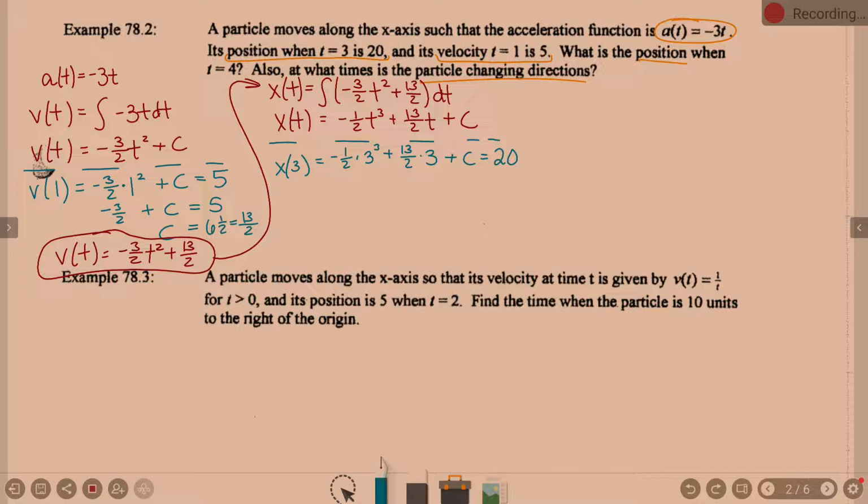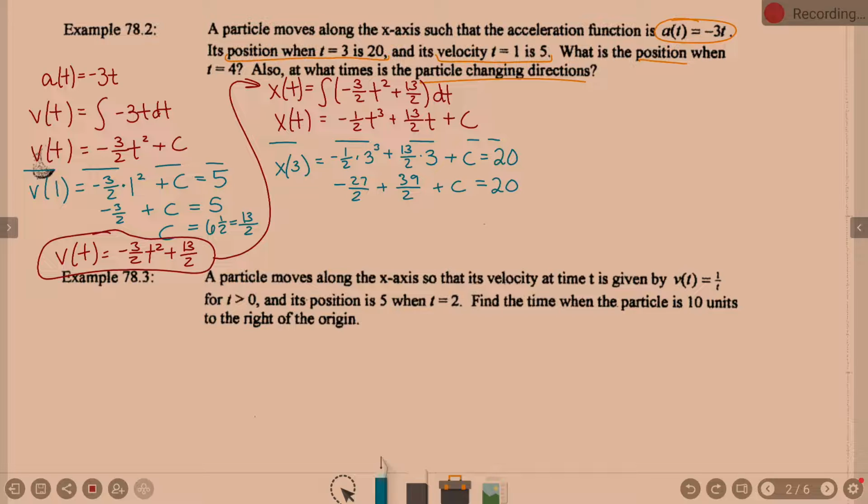Okay, well, 3 cubed is 27. Negative 1/2 times 27, I'm going to say negative 27/2. 13/2 times 3 is 39/2. Plus c equals 20. And that must be where Ross is saying it cleans up nicely.